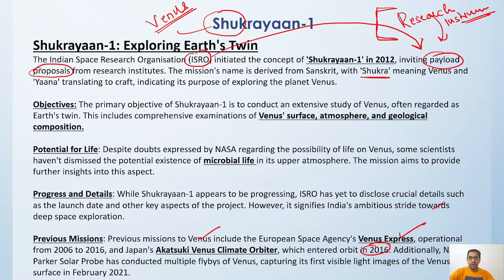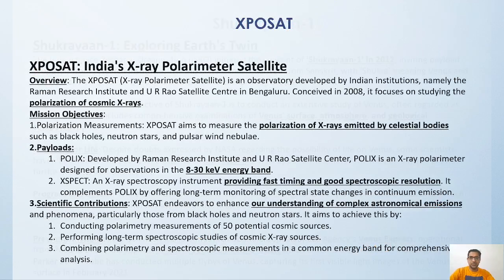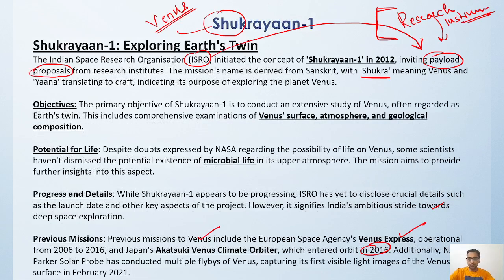So India is focusing on a dedicated Chandrayaan mission. With this whole process, we will be able to map the atmosphere and geological composition and also find out about microbial life on Venus.